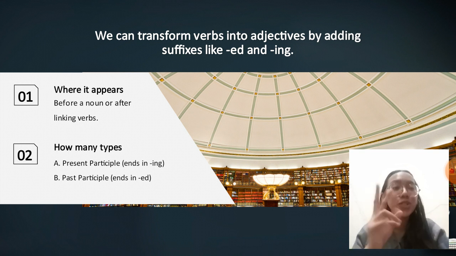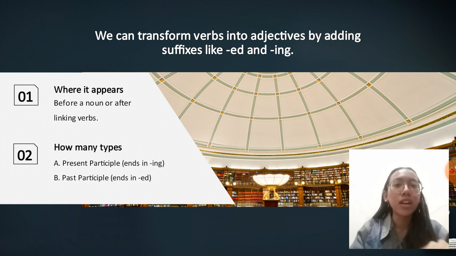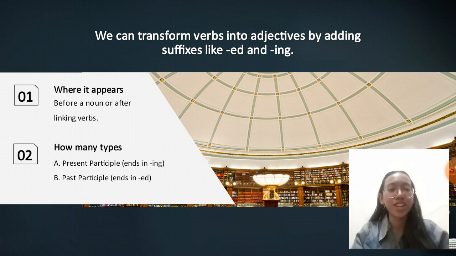And there are 2 types of participial adjectives. The first one is present participle. The second one is past participle. The present participle ends in ing, while past participle ends in ed. Now, would you please mention a verb and add ing behind it?